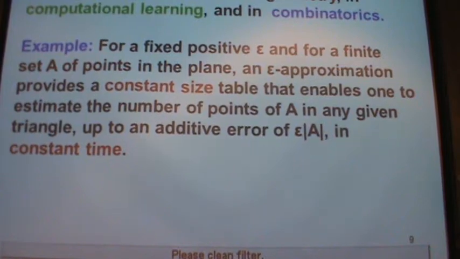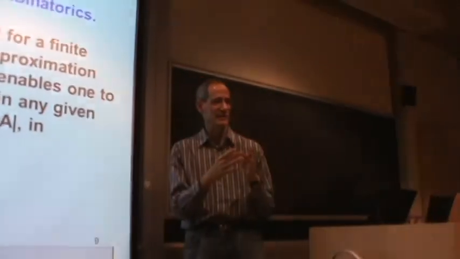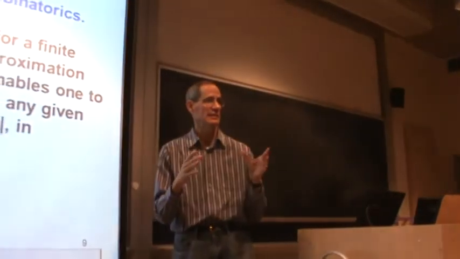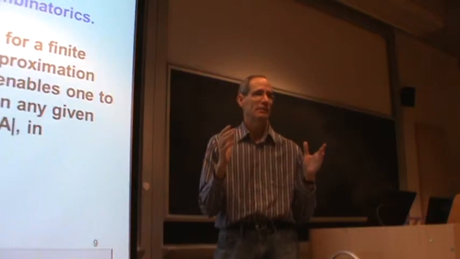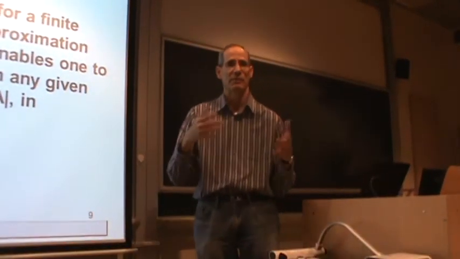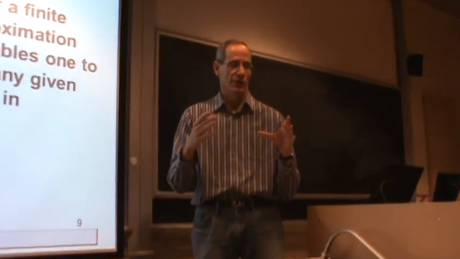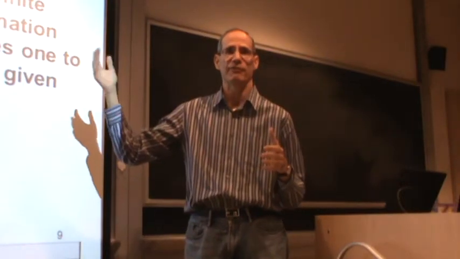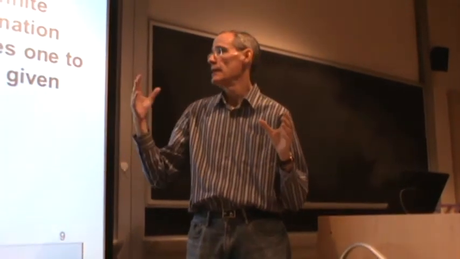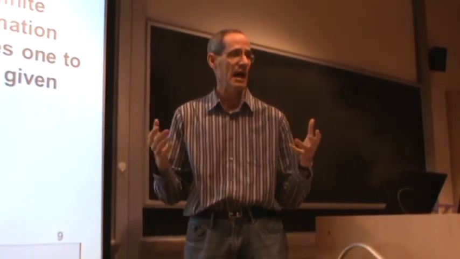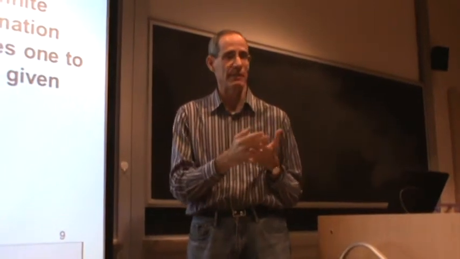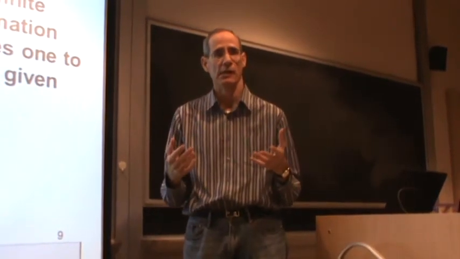We took here triangles, so we look at the range space of triangles in the plane. This has finite VC dimension, maybe 7 or something like this. So because of this result of Vapnik and Chervonenkis, there is a constant size epsilon approximation for epsilon equals 1%.